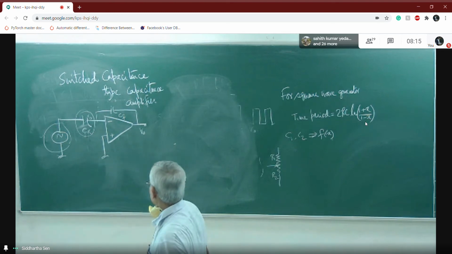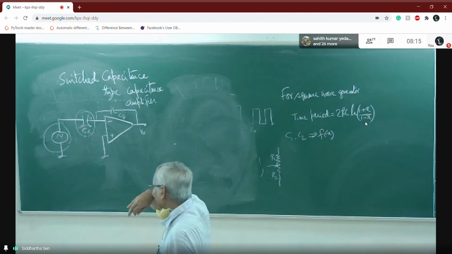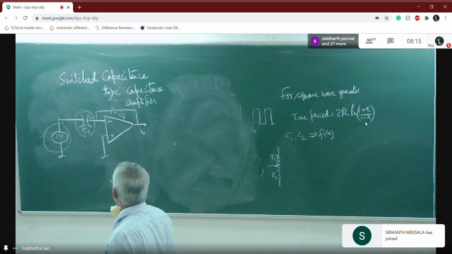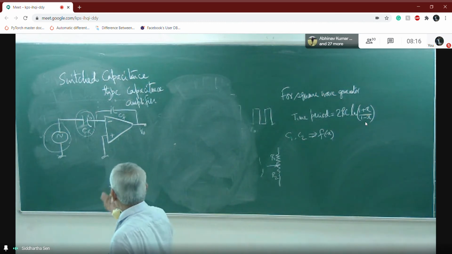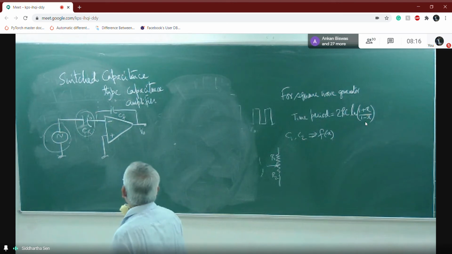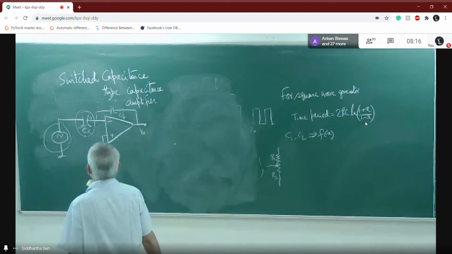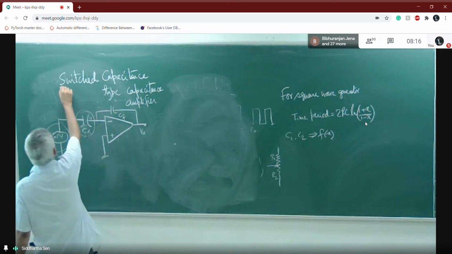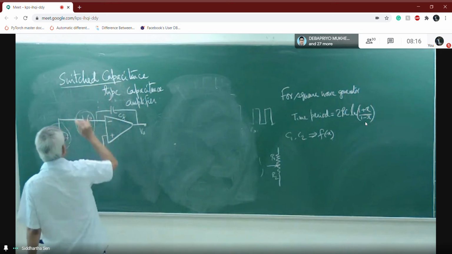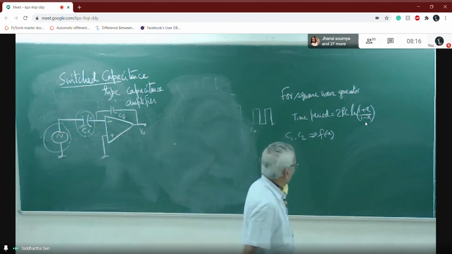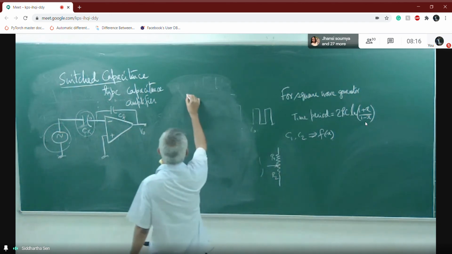Obviously, the generation of a sine wave is not so simple, as you must have seen or been taught in the measurement course. Instead of that, what we can do is use a switched capacitance type. Have you heard of the switched capacitance filter?